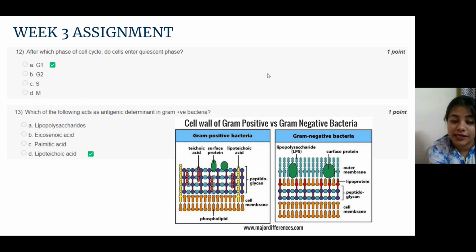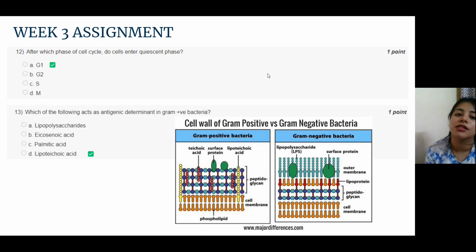And one example of cells that enter and stay in the quiet phase are neuronal cells or neurons. They are said to be end differentiated, which means that they remain in that quiescent phase. This phase comes after G1, where the cell has decided that it's not going to divide, because it has already differentiated or does not need to proliferate any further.